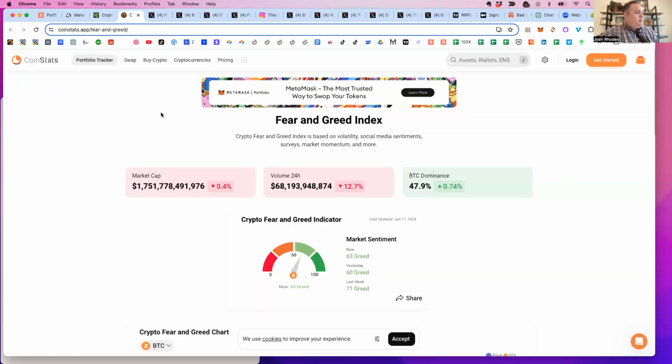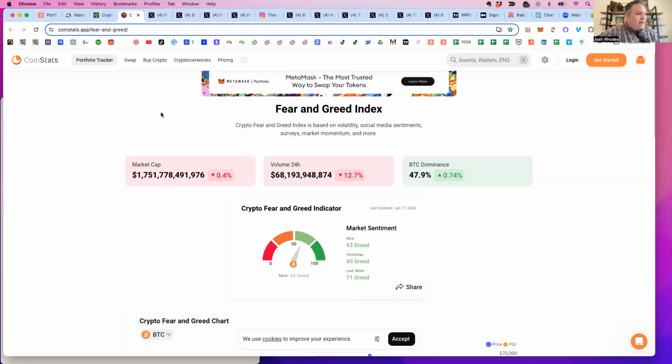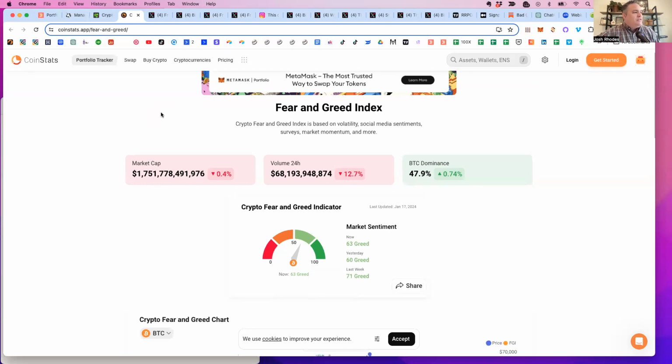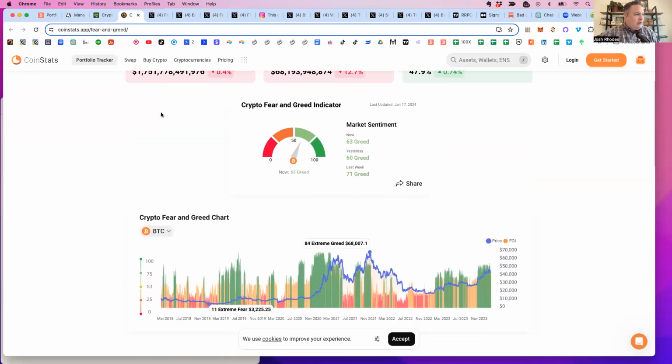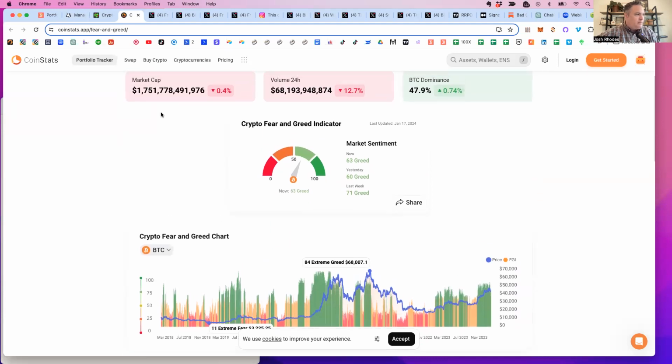One interesting piece of data that I think is good is the fear and greed indicator for the crypto market. It does exactly that. It measures people's fear and greed, their optimism, their overt optimism, their pessimism, their bearishness, their bullishness, all that good stuff.